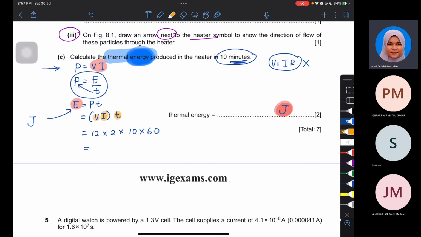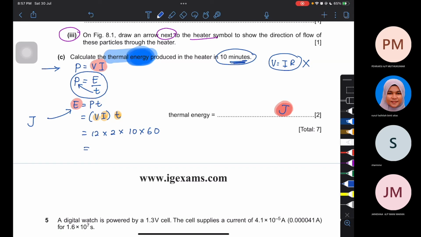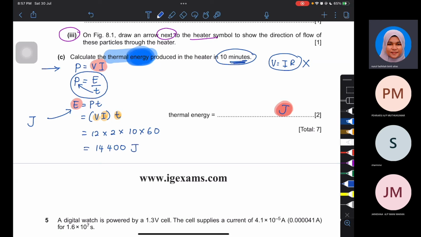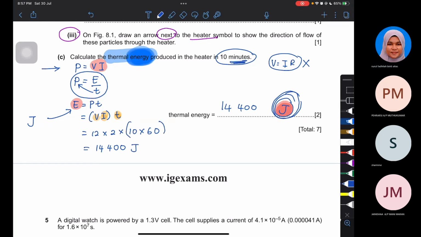Berapa you dapat? 14,400 joule. Yes, 14,400 joule. So kalau saya tak bagi tahu tadi unit dia joule, you tahu tak unit dia joule? So you kena tahu. Jadi joule ni you kena pastikan masa ni dalam unit second. Okay.